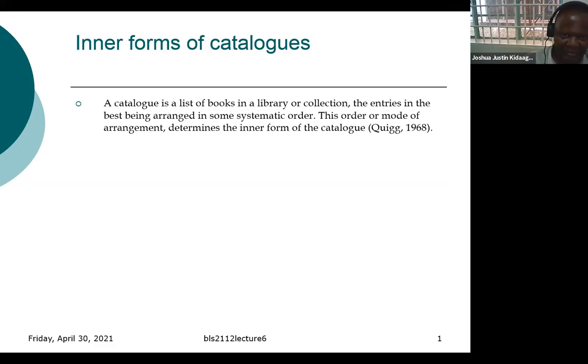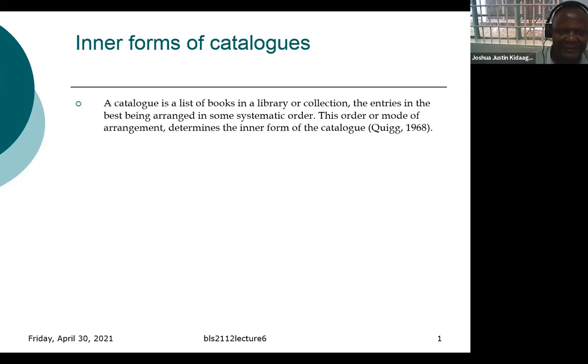I remember you refused to arrange your belongings systematically. And now it is coming up that when we create a catalog of a library, it must be arranged in some systematic order. And that order or mode of arrangement is what determines the inner form of a catalog.